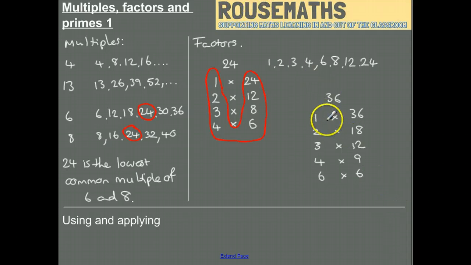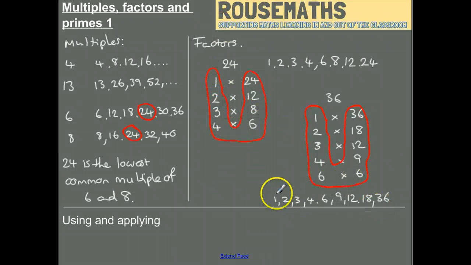So a particularly special one here, because we've got what we might call a repeated factor of 6. So the factors of 36 are 1, 2, 3, 4, 6, 9, 12, 18, and 36. So for this one we had 8 factors.